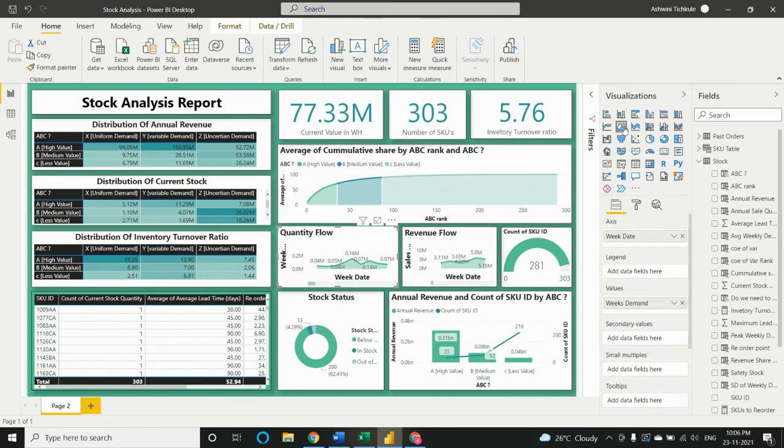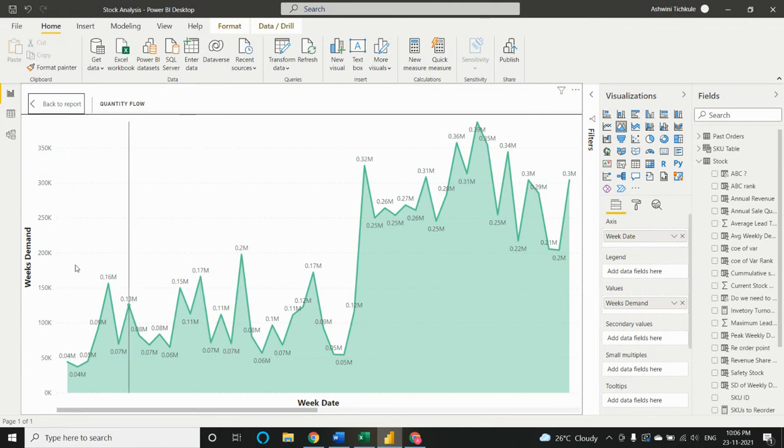Next one is this. This is also an area chart, and let's focus on it. See, this is the week's demand, and this is the week date. So we analyze the week's demand by week date. Here we can see this is the curve.